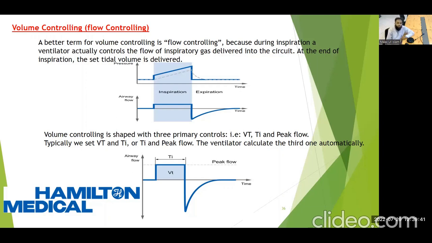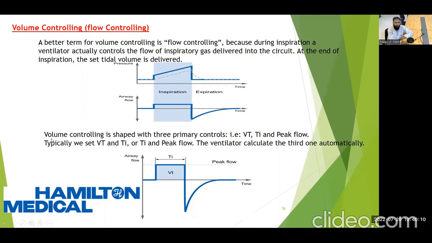In volume controlling, a better term is flow controlling, because during inspiration a ventilator actually controls the flow of inspiratory gas delivered into the circuit. At the end of inspiration, the set tidal volume is delivered.